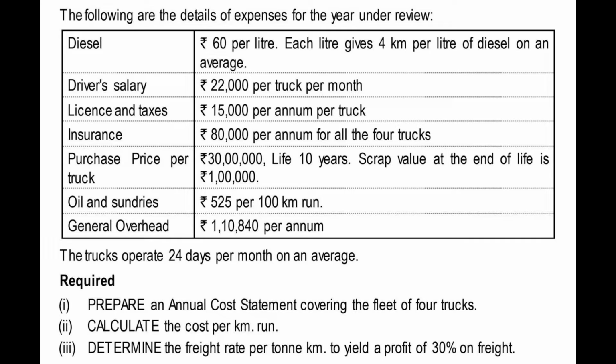Purchase price per truck is rupees 30 lakhs. Life is 10 years. Scrap value at the end of the life is rupees 1 lakh. Oil and sundries 525 per 100 kilometers run. General overhead is rupees 1,10,840 per annum. The truck operates 24 days per month on average.